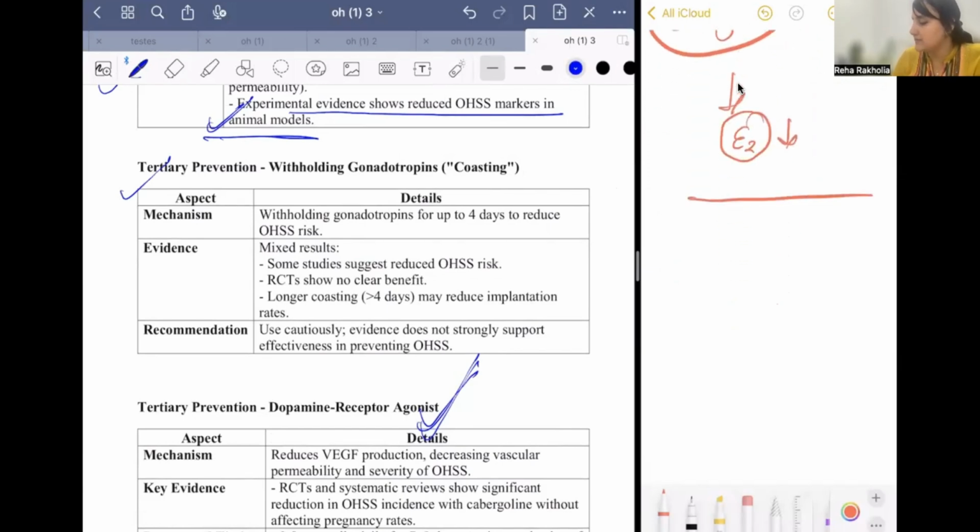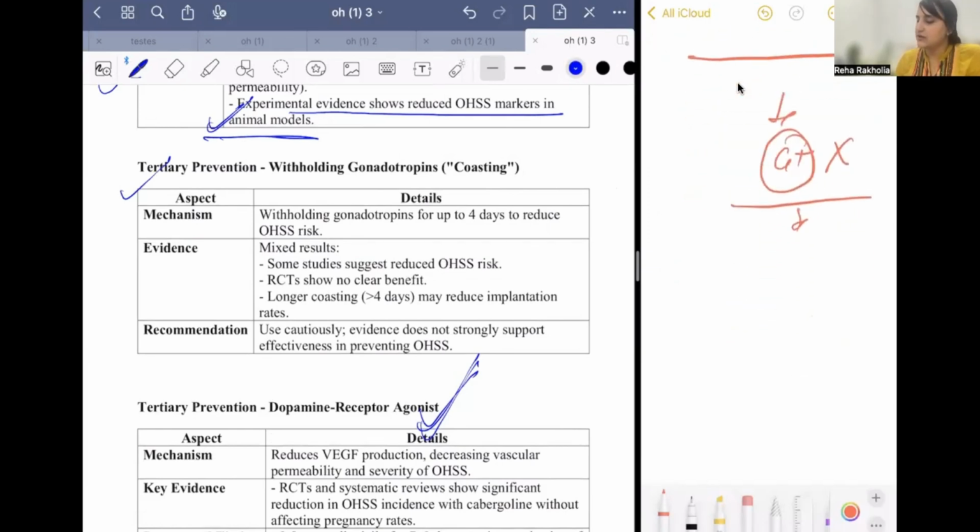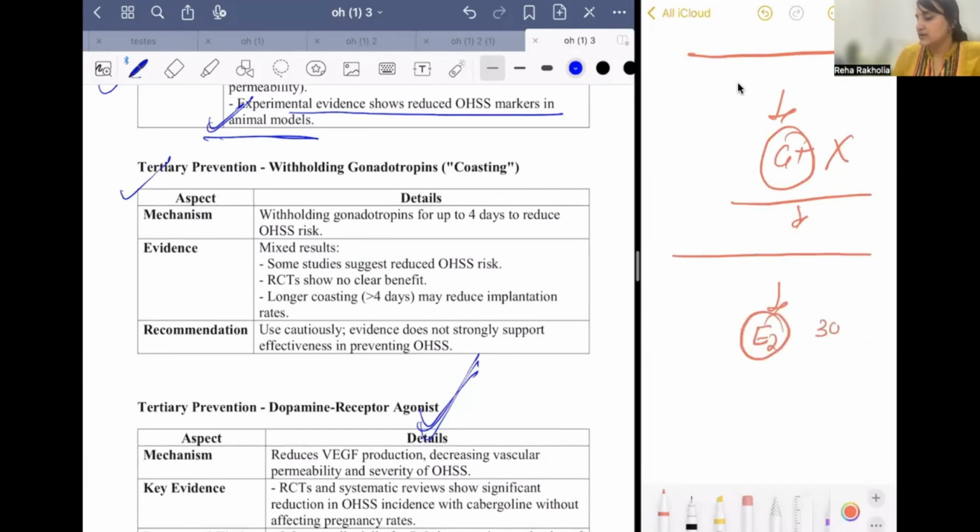In this approach, gonadotropin stimulation is completely stopped, but the patient continues to be monitored daily with a hormone blood test and ultrasound. Once the serum estradiol level declines to a safer level during the coasting procedure, it should fall to 3000 picogram per ml before administering the final trigger injection.